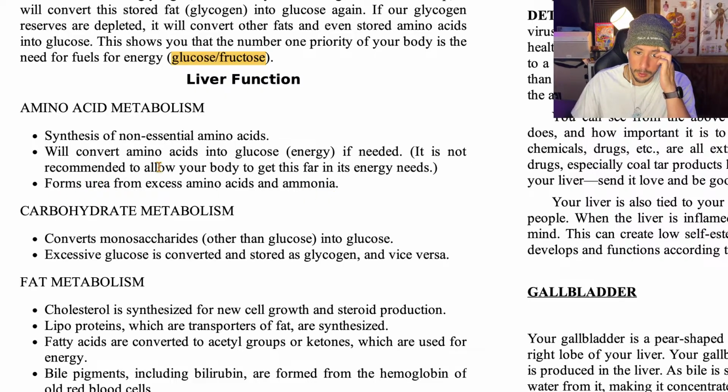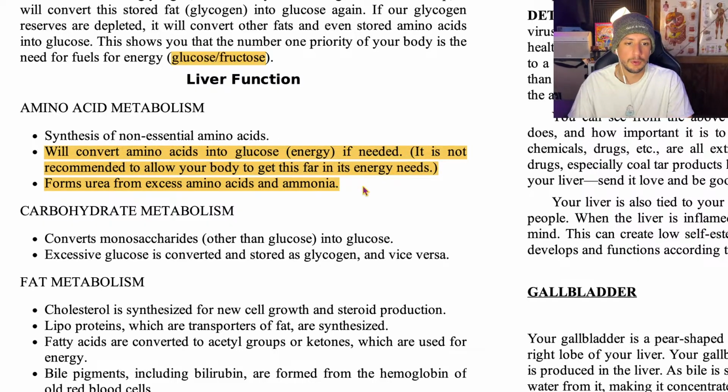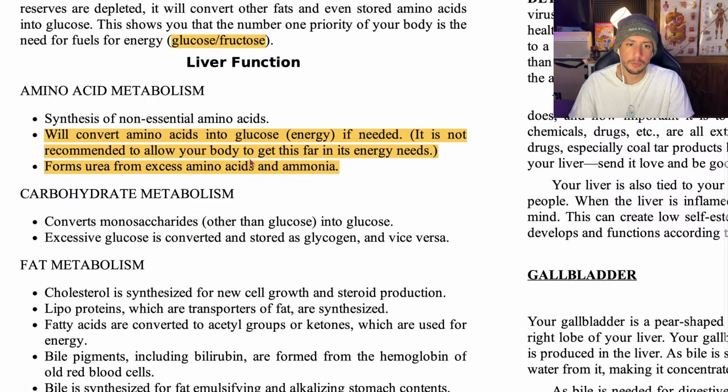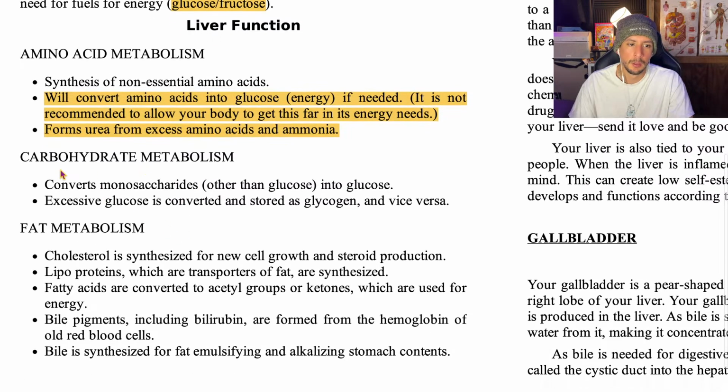But yeah, you can have this if you have too much protein in your diet, and basically it's telling you that it will convert amino acids or even break down protein to get amino acids to get glucose if it's necessary. And this can be actually really good for you on a small scale if you're doing a fast. But you generally just want to eat like fruit and snack on it.